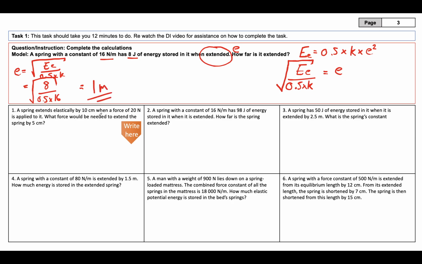So you guys have to do exactly the same with some of these questions down here. So some of them are more straightforward than others. I'm going to write 1 or 2 equations that you might need here. So force is K times extension. So I think if you've got this equation, and this equation, you should be able to answer all of them.